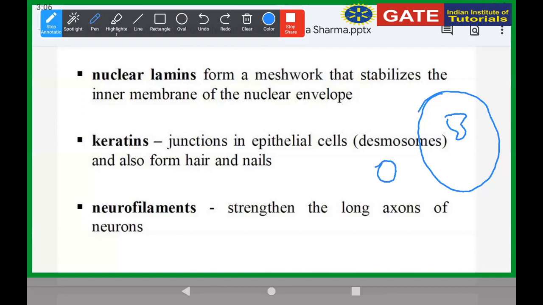Ma'am, does it have anything to do with the ionic concentration, like hypotonic, hypertonic, isotonic? No, that is due to osmosis, the water level in the cell.